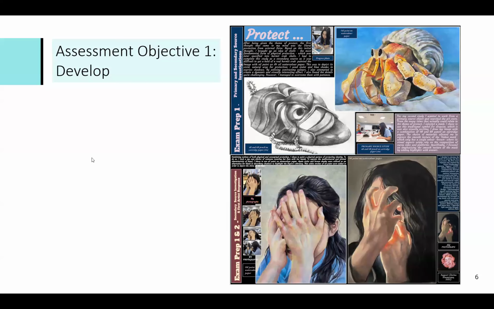Obviously annotation is only ever in support of the visual work, not a replacement of it, but if it is included, they prefer to type it. So it very much depends on whether they like that more manual approach of cutting and sticking and then photographing the A2 sheets, or collating it digitally, whatever works best for their learners, and either are equally acceptable. And remember, it's quality over quantity as well.